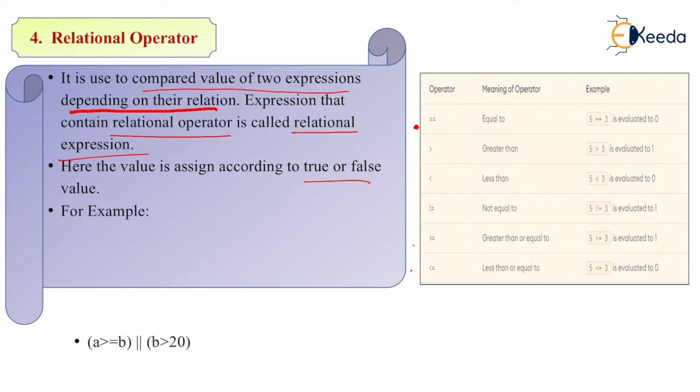For example, A is greater than or equal to B, or B is greater than 20. So we are comparing two expressions using the OR operator. Next, B is greater than A and E is greater than B. Next, 0 if B is not equal to 7. Now what does this mean? We are saying if the value of B is not equal to 7, then give the value as 0.